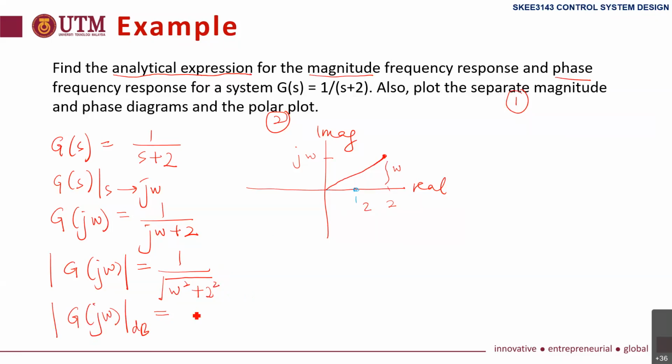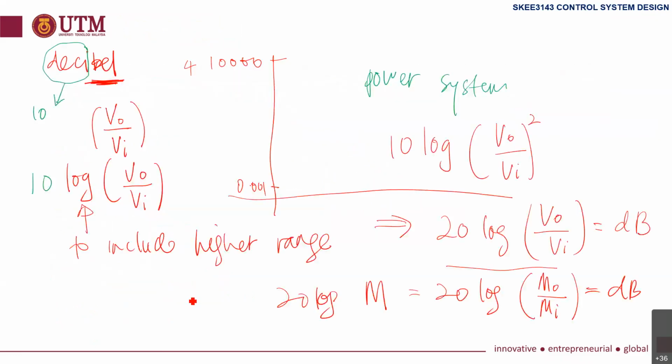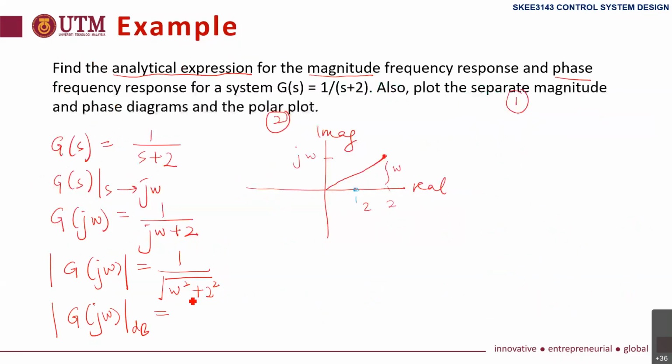So in decibel, we use this formula, 20 log M: 20 log of this, with omega squared plus 4. We already have the magnitude.